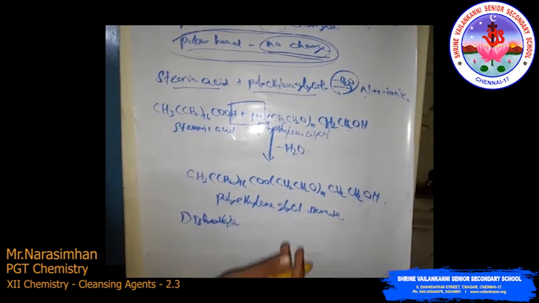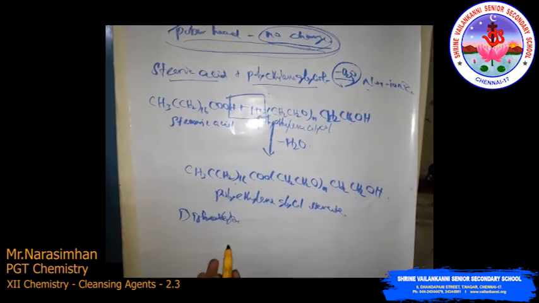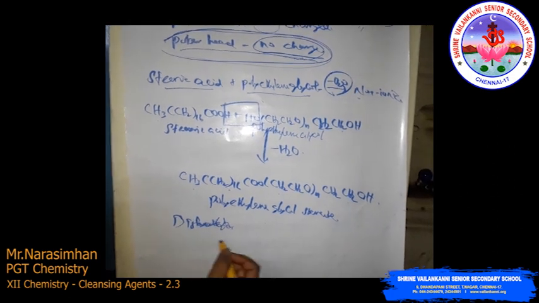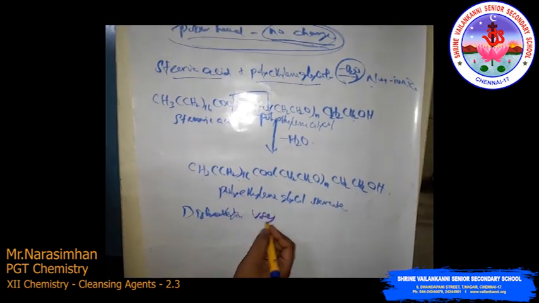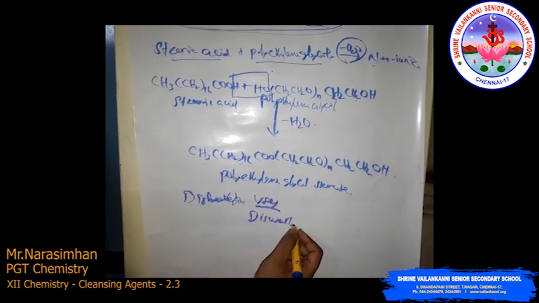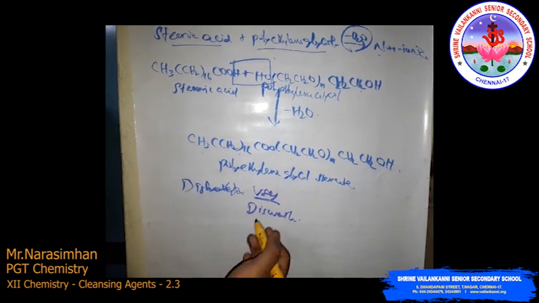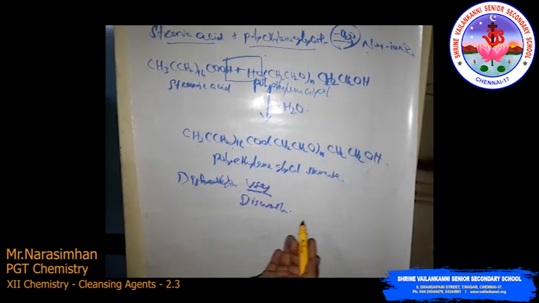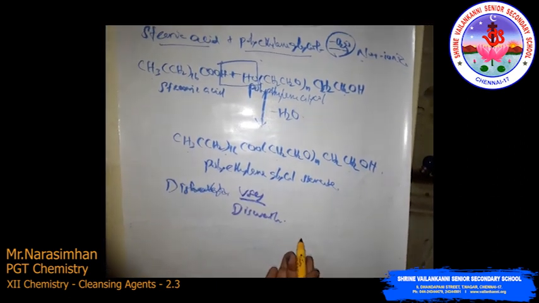The uses of non-ionic detergent: mainly used for dishwashing purposes. Liquid dishwashing detergents are of the non-ionic type.